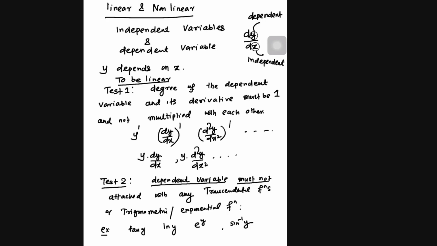Don't we take it for the dependent or the independent variable? Listen carefully. The definition says we should check the degree of the dependent variable. So check the dependent. What is the degree of the dependent?